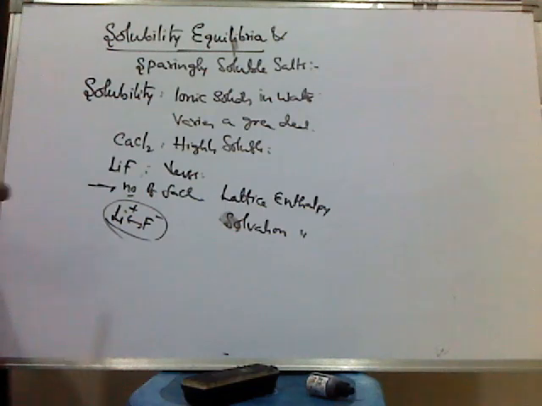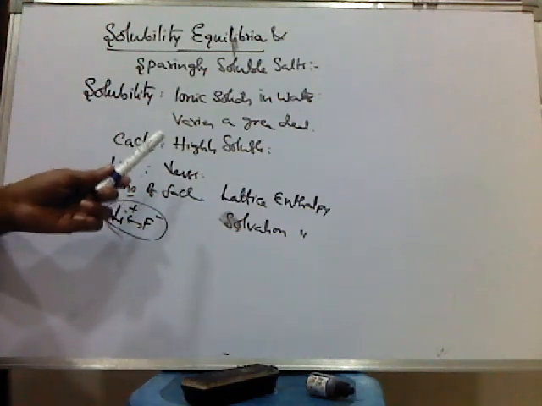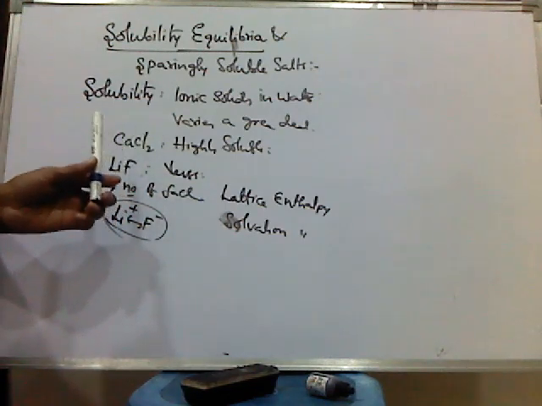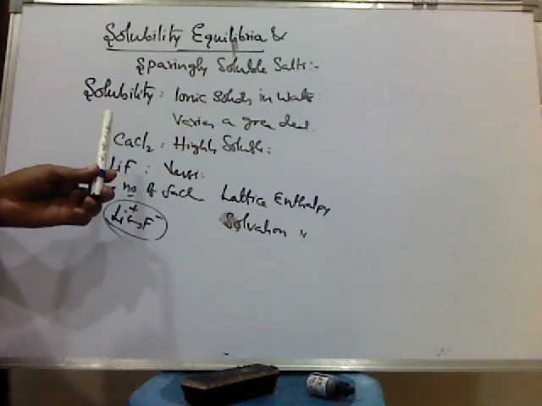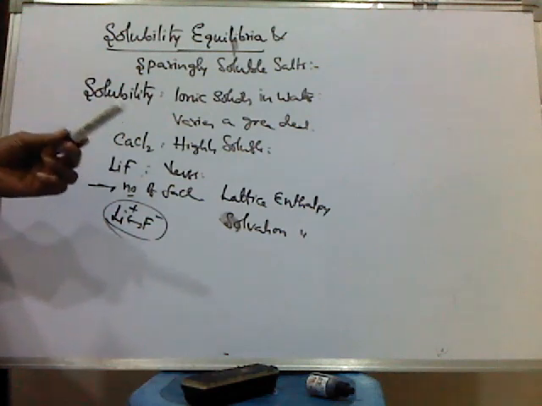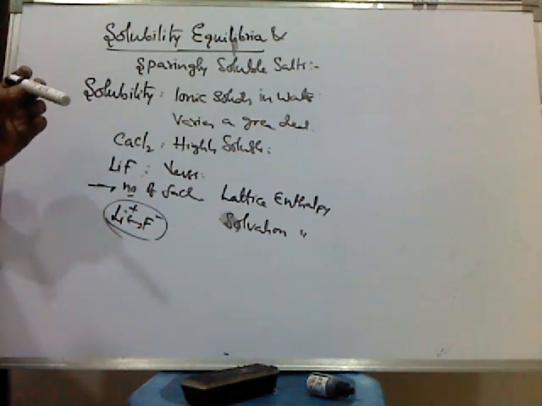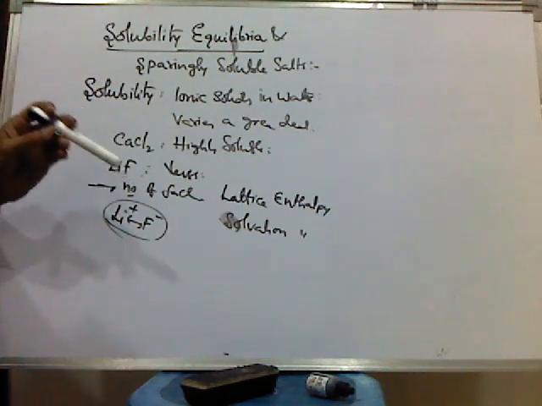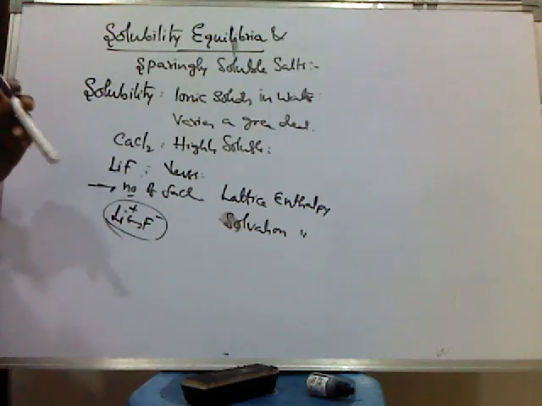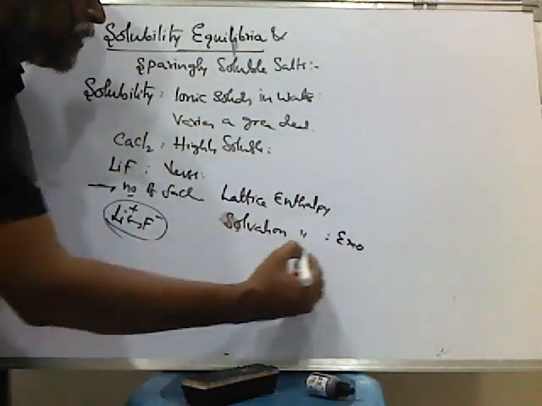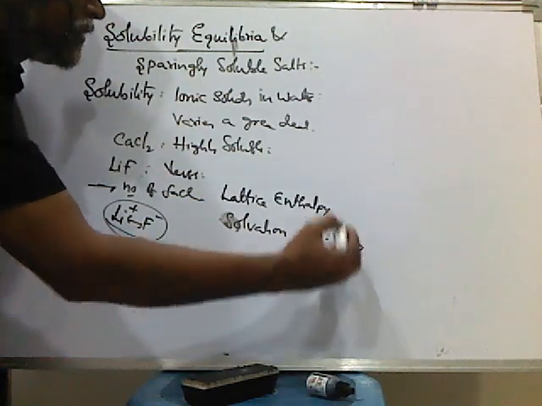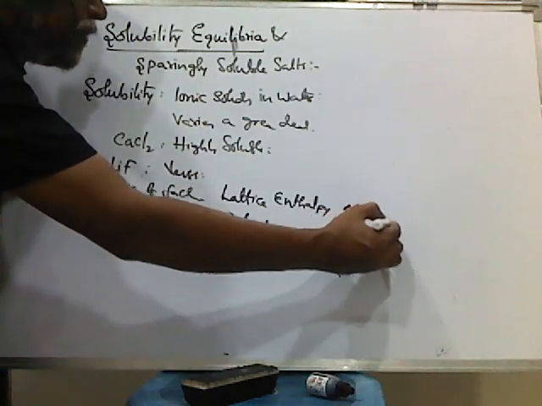That enthalpy we call the solvation enthalpy. Solvation enthalpy is always negative, that is, always exothermic, whereas lattice enthalpy is always positive.